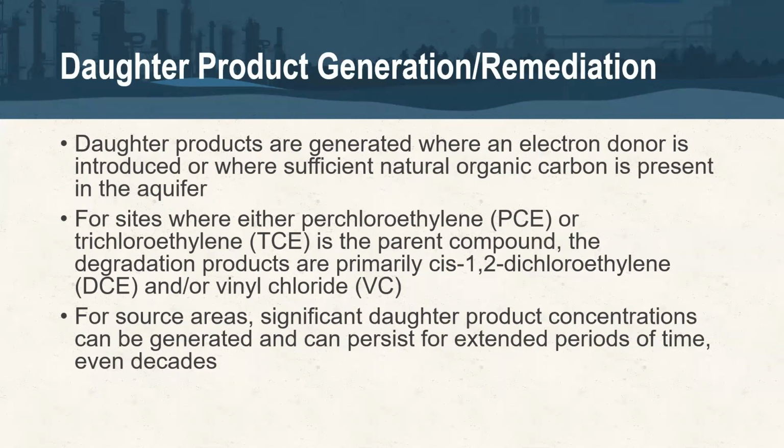And we're going to talk, on the next slide, about some reasons why we do get that stall at, say, DCE or vinyl chloride. The issue is that when you're dealing with source areas, which is kind of the focus of this presentation, you're dealing with single, double digit, say, milligram per liter concentrations of parent compounds.